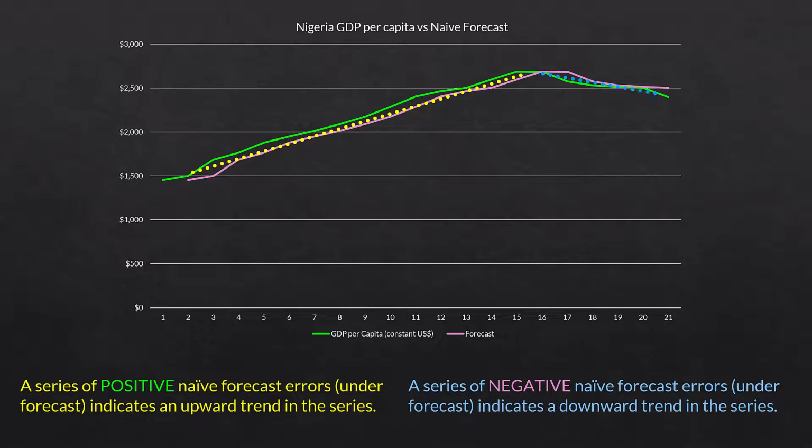Conversely, a series of negative naive forecast errors, or over forecasts, indicates a downward trend in the series because as the time series goes forward, the naive forecast can't keep up with the downward trend. So we can use that information to tell, in this case, trend, an inflection point around year 16 or 17, and then how far apart they are.